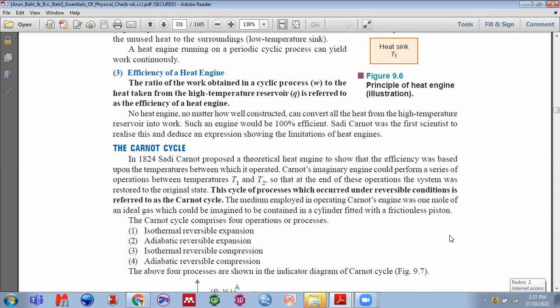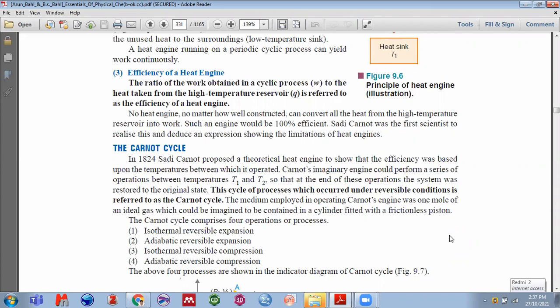In order to find an expression for the highest efficiency of an engine, Sadi Carnot considered an imaginary cyclic process known as Carnot cycle.